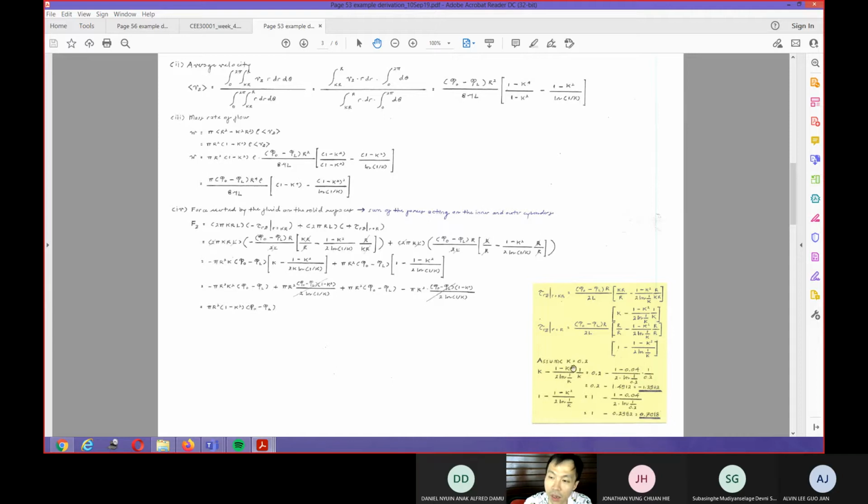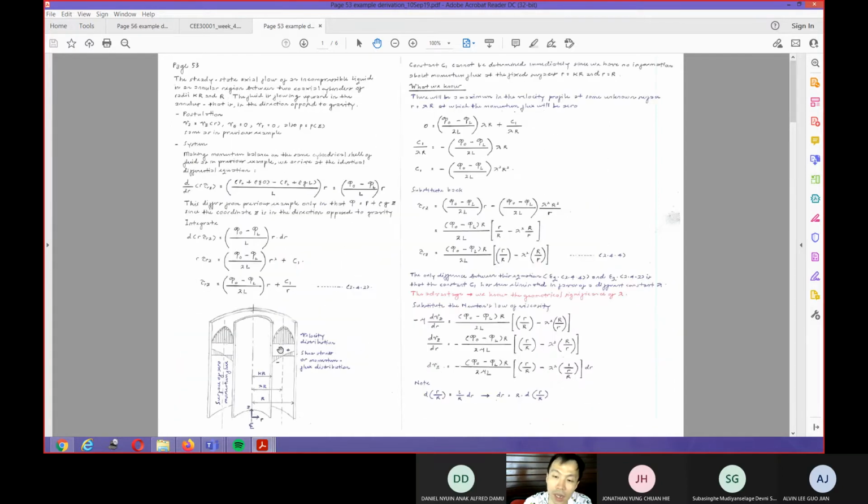For k equal to 1, it is going to be positive. So there is a shift in the sign of the shear stress from negative to positive, because it will become 0 when the velocity reaches the maximum here.